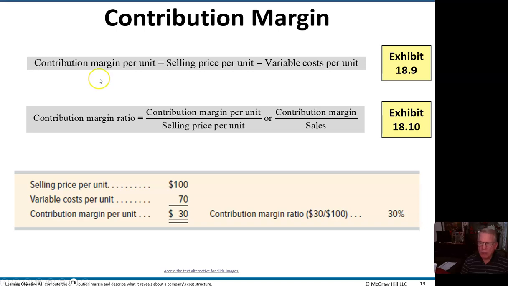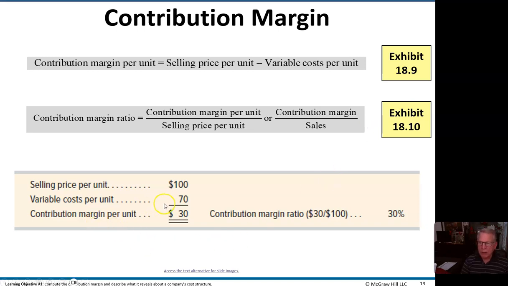We can also have contribution margin as revenue minus variable costs. But the contribution margin ratio is the contribution margin per unit divided by the selling price per unit. Or we can do it on a more macro basis, contribution margin divided by sales.